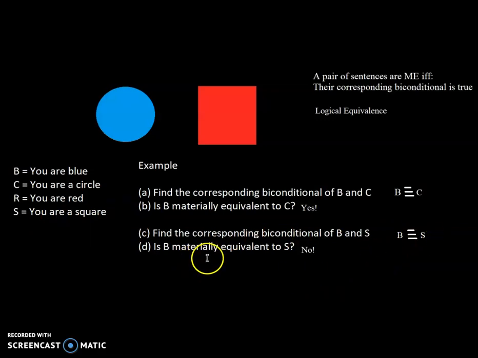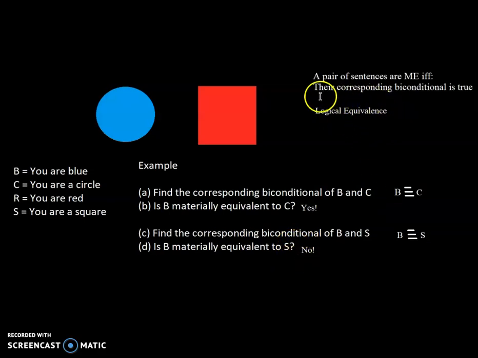And they are not materially equivalent, even in this highly impoverished, very bleak world. It's just not true that if you're blue then you're square, and if you're square then you're blue. So these would not be materially equivalent in that world, and they're by no means logically equivalent.